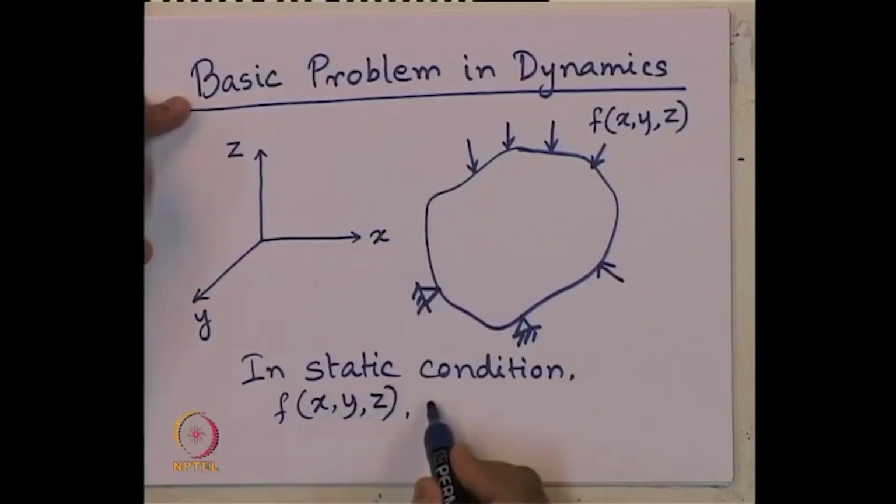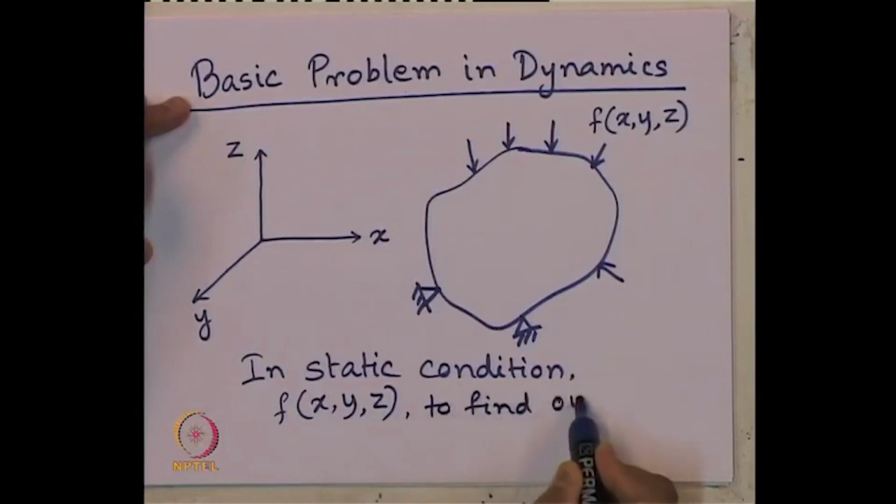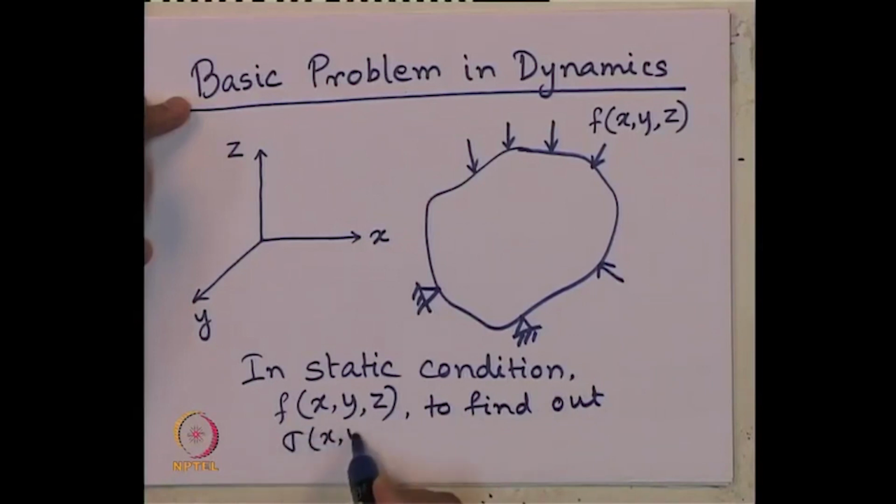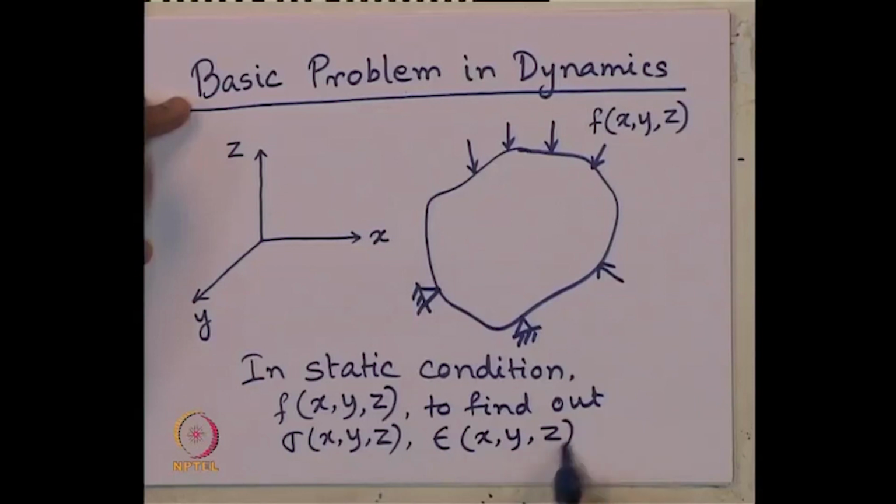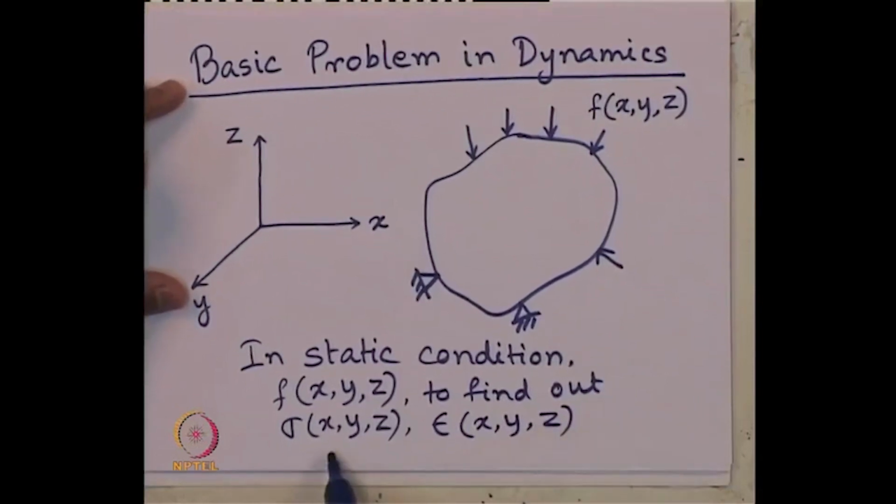We want to find out the stresses, which are again functions of this coordinate system, then the strain on the body, which are again functions of the coordinate system, or we can find out the displacement of the rigid body, which can be again a function of the coordinate system.